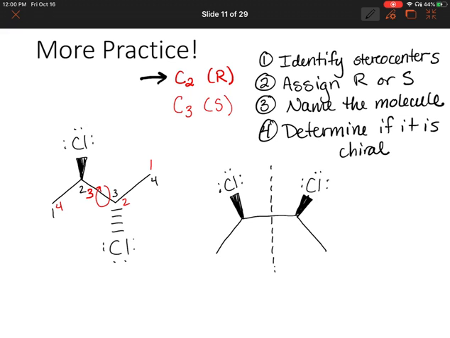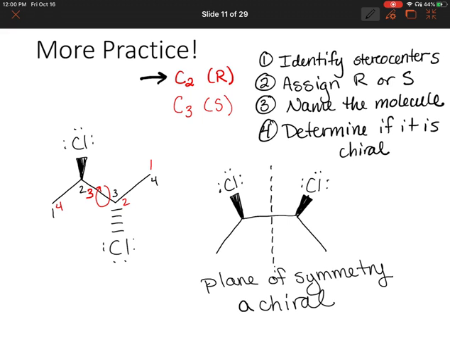So is it chiral? No. It has a plane of symmetry, so it is achiral. Remember, if something does have a plane of symmetry, it is not chiral, it is achiral.